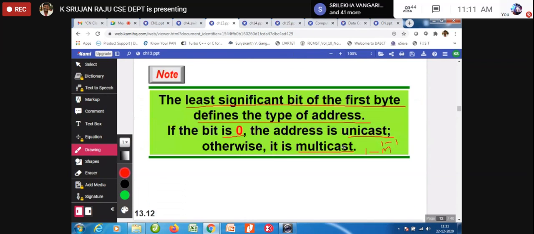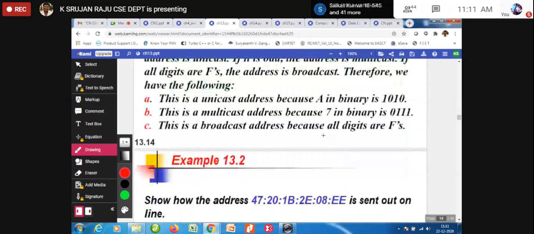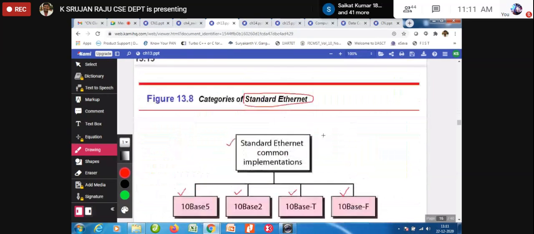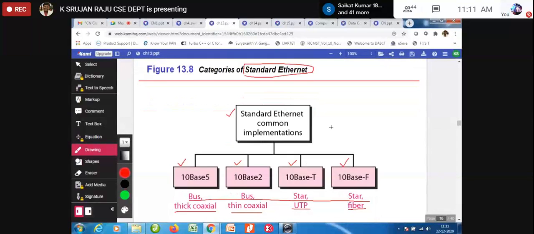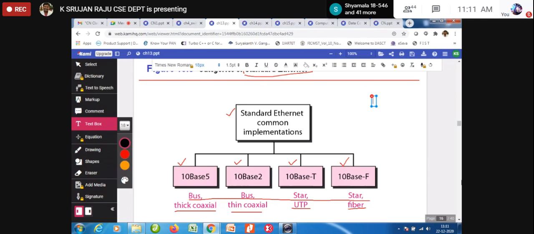Now, in the standard Ethernet, each Ethernet follows different technology, different connecting modes, different cables, because we have discussed various topologies.